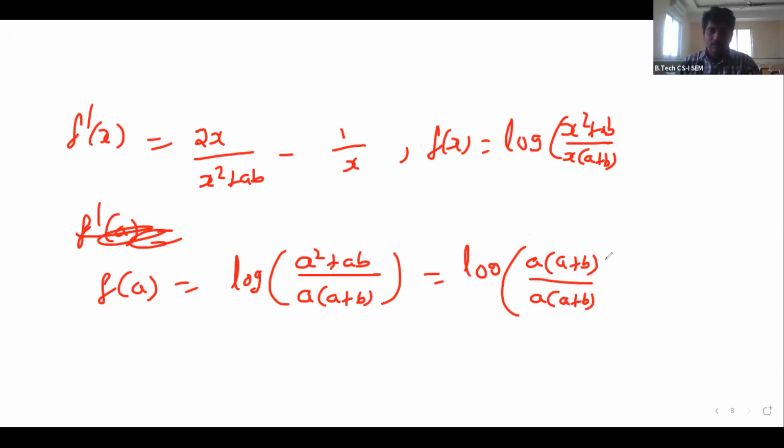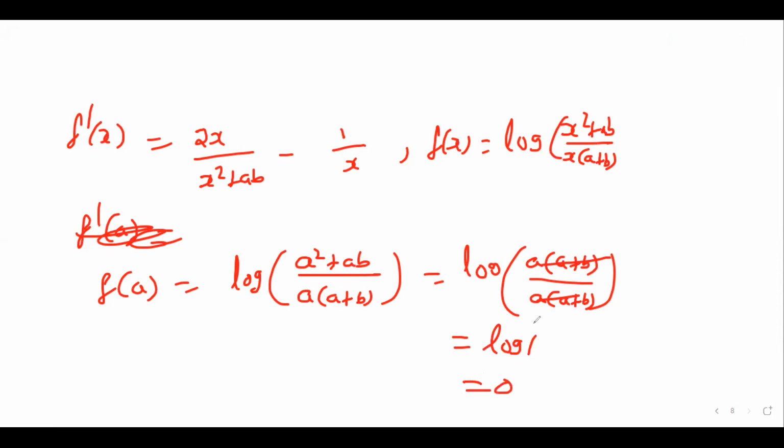Do you agree or not? Yes sir, a into a plus b cancelled. That is log 1, which is 0. Log e base e is 1. Log mn is log m plus log n, log m by n is log m minus log n. Log 1 is 0.